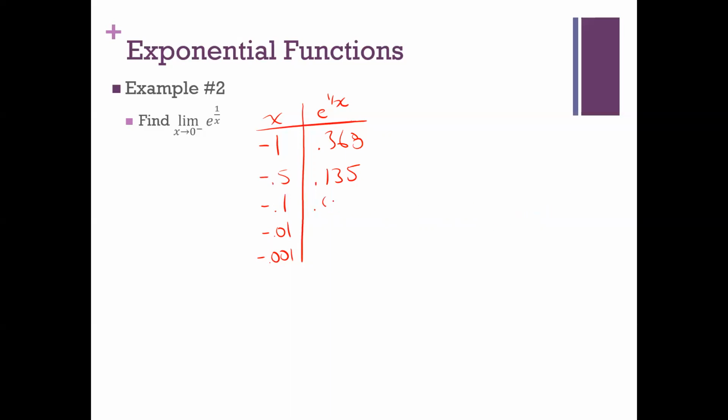And I'm only going to write one more of these down because hopefully it's becoming evident what's happening. What do we think the limit is? 0. Does that make sense?